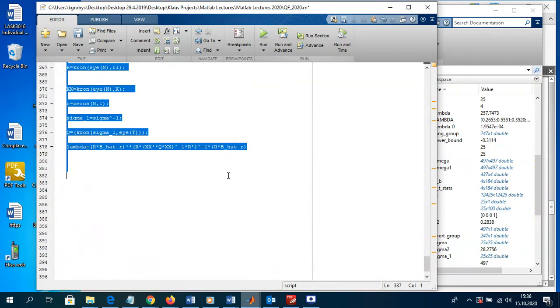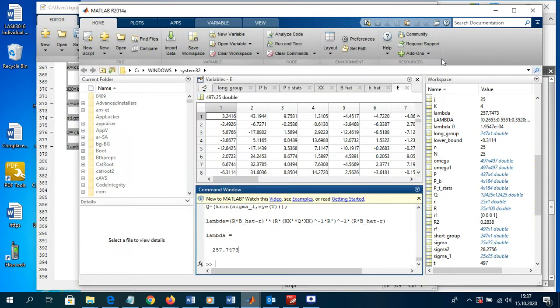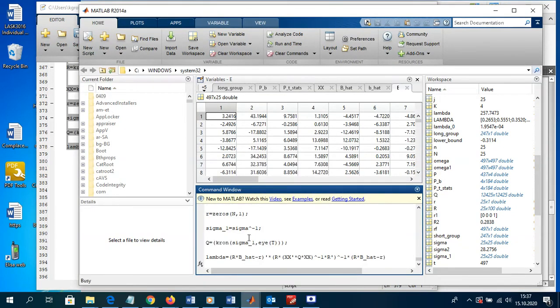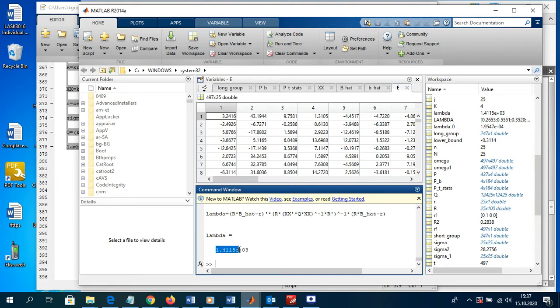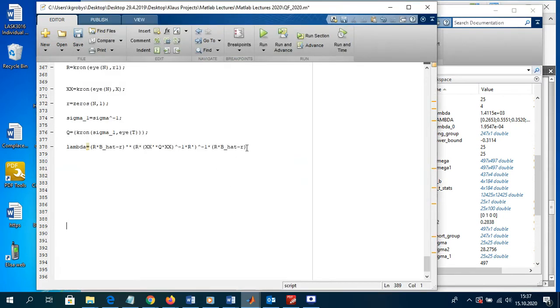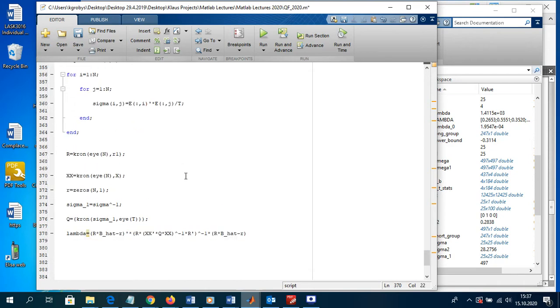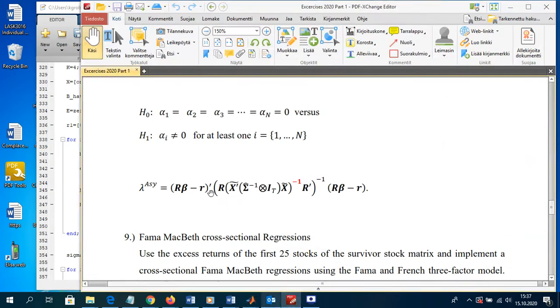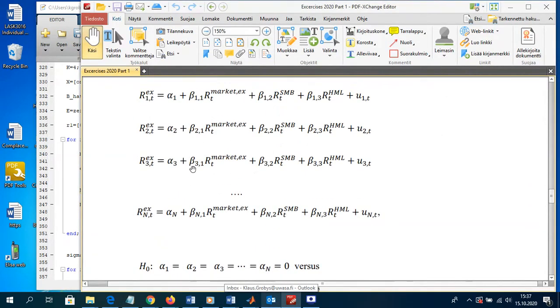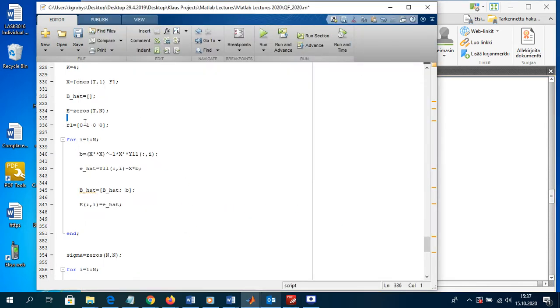Copy this into the command window, enter, wait a little bit. And that's even higher: the test statistic is 1,411, so it's highly significant. Obviously the exposure against the market factor, the cross-section of betas against the market factor, is most significant.